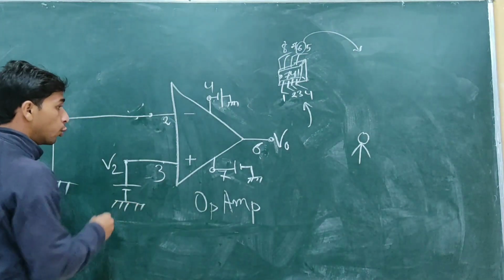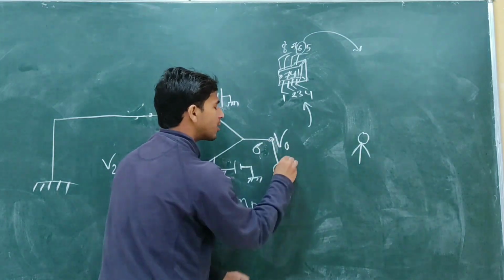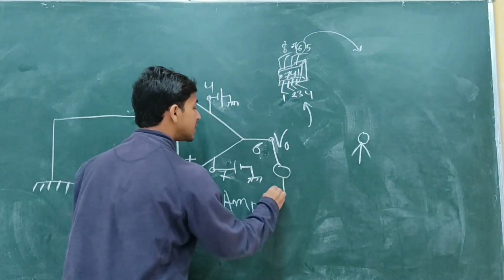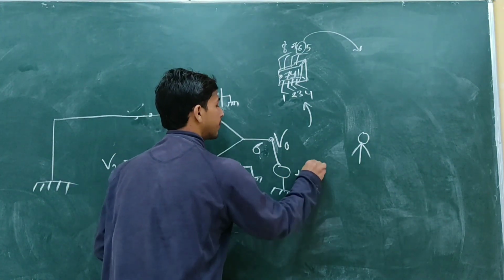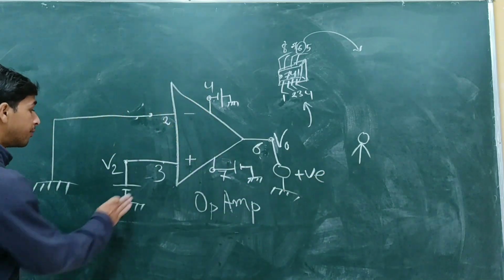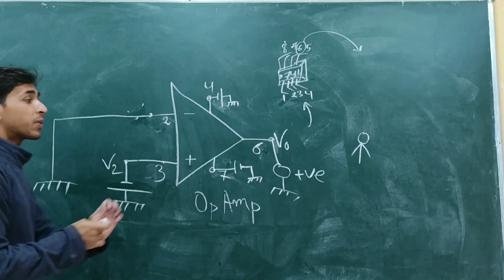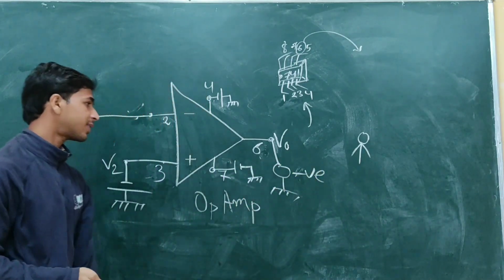In that case, if you measure the output with respect to ground using a voltmeter or your measuring device, you will get positive output, since you are giving positive. If you give negative input to this non-inverting terminal, at the output you will get negative output.